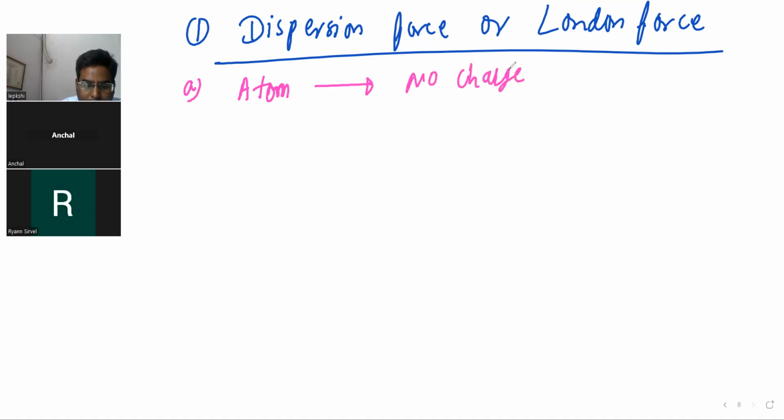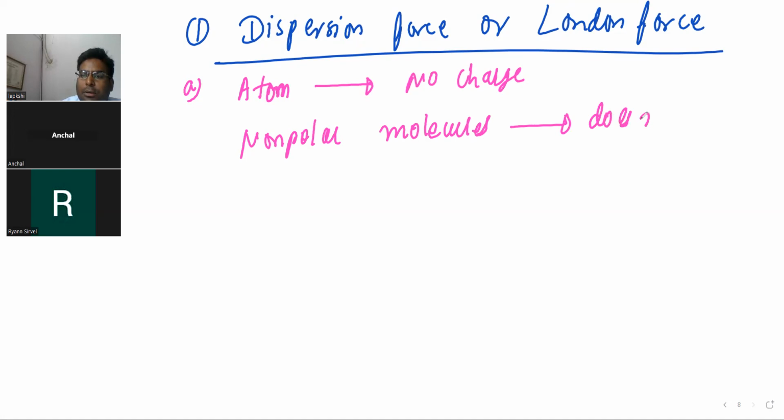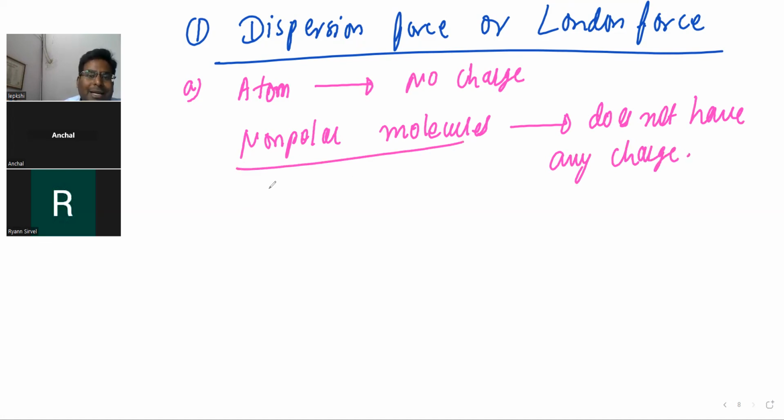Non-polar molecules means they do not have any charge. You can take the example of CH4. There is no charge between carbon and hydrogen. So this is non-polar.